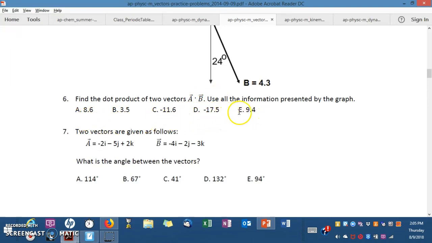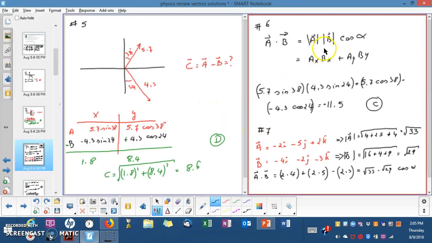It's not a vector, it's just a scalar, and you obtain this number by doing the magnitude of A times the magnitude of B times the cosine of the angle between those two vectors. So that's exactly what I said: magnitude of A, magnitude of B, and cosine of your angle.